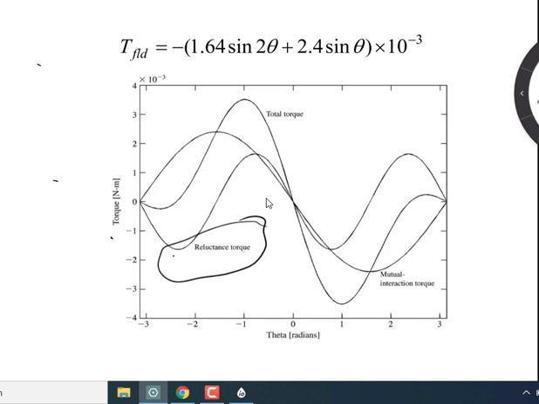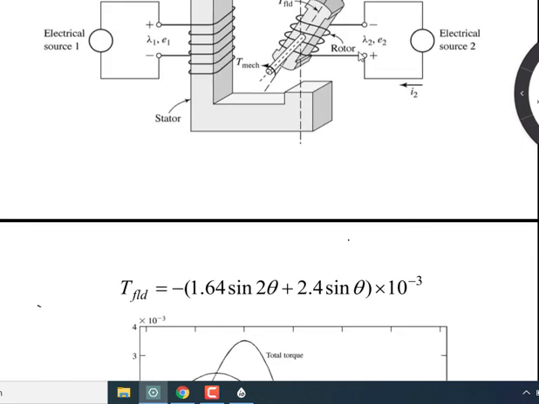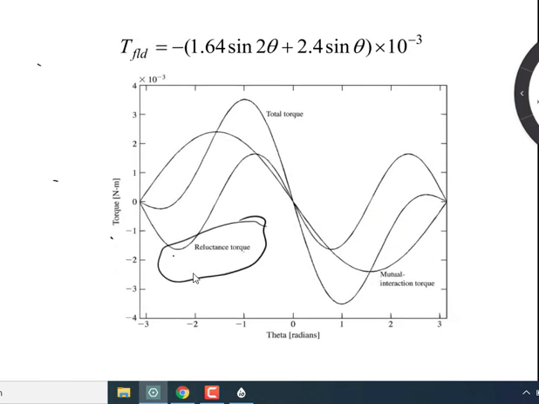Even if your rotor circuit is not energized, it will still play the role because of the saliency or unevenness in the circuit.